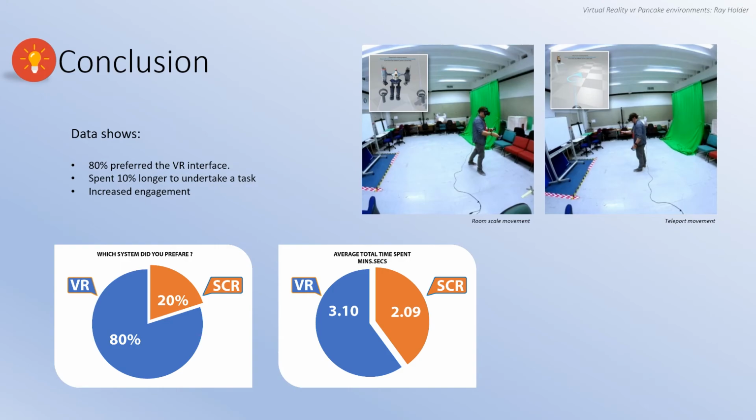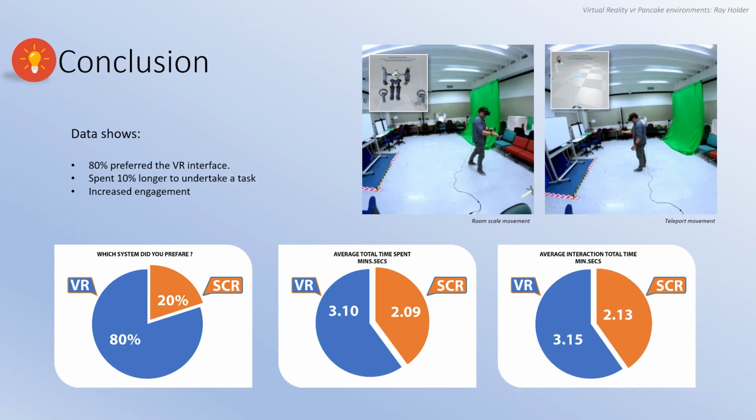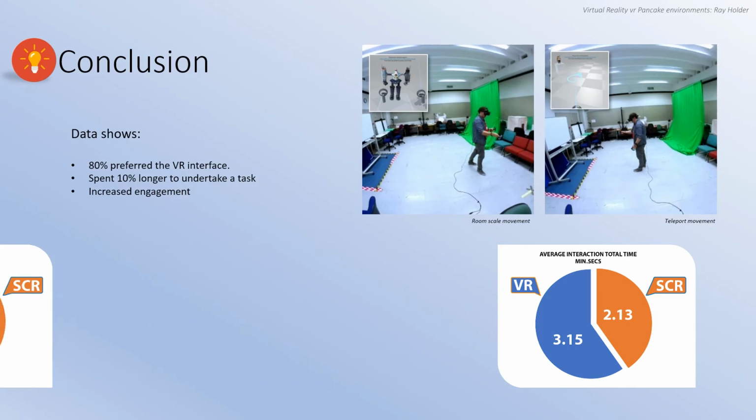Also, increased engagement was recorded in the virtual reality system, with a greater number of interactions with the models, 100% of users picking up all the models in VR, and spending longer interacting with the objects, showing that a VR system can deliver a richer experience than a flat screen.